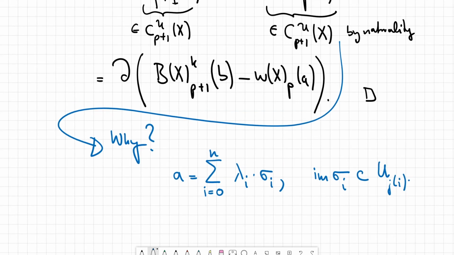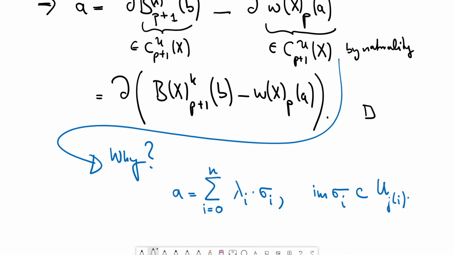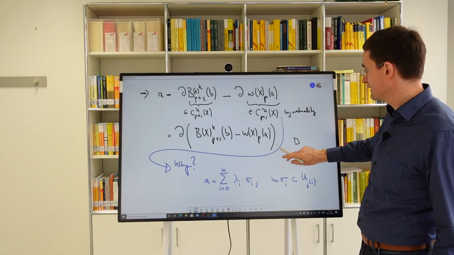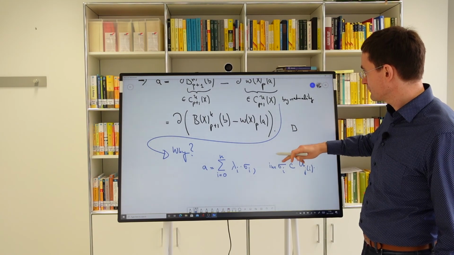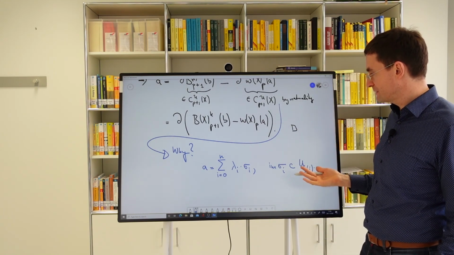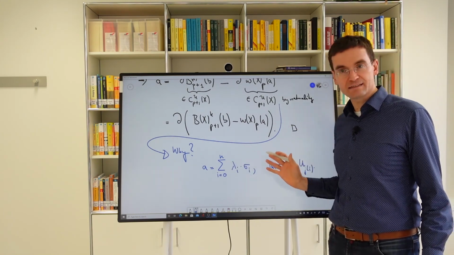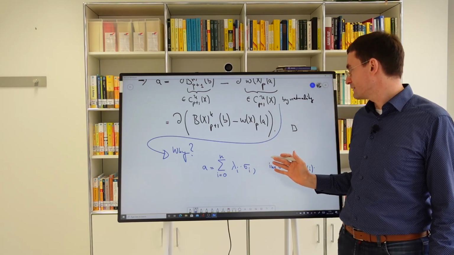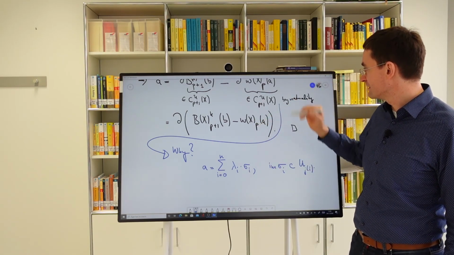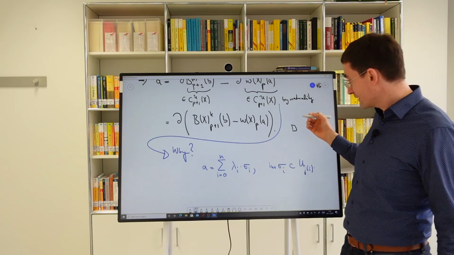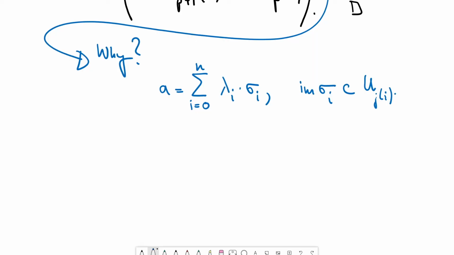Now we apply this natural chain homotopy w x p. And I want to claim that whatever linear combination I end up with still has that property. And therefore, w x p of A is in C p plus 1 U of x. Why is that? Okay, so let's apply w x to this.